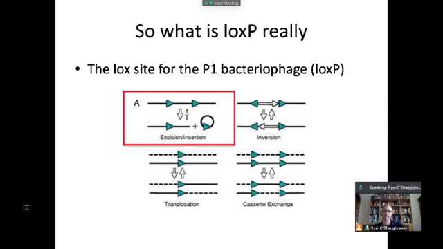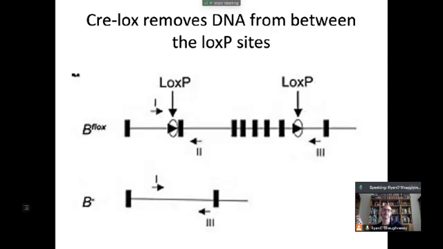So here we have the excision insertion leading to disruption of a gene and knockout. So Cre-Lox removes the DNA from between those LOX-P sites. So we have our gene B and all of its exons here in black, and the construct has LOX-P sites flanking the second exon and those 5 other exons.